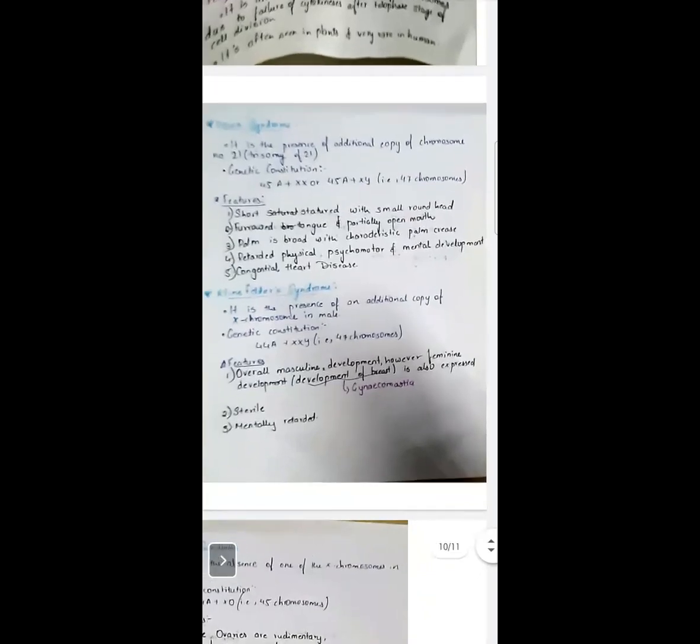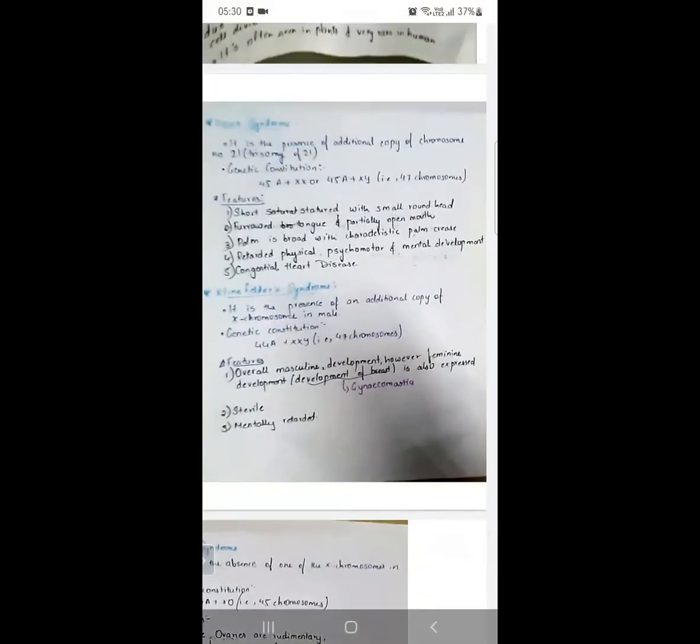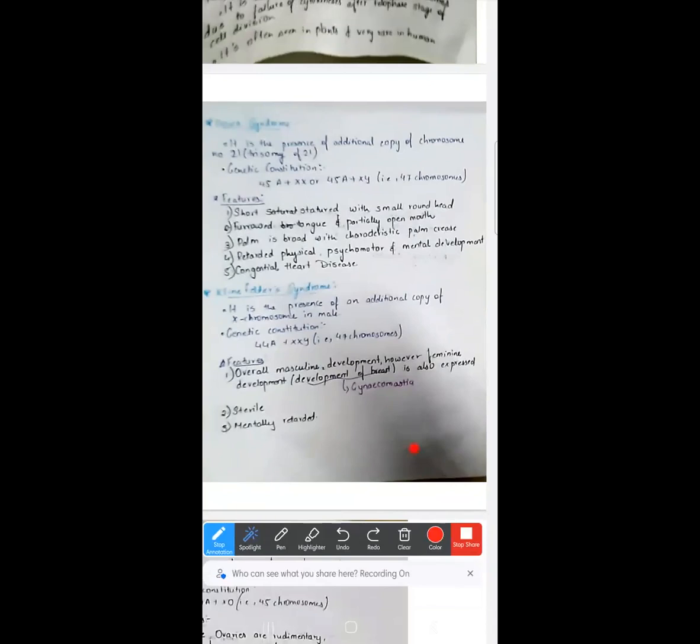Now we'll see chromosomal disorders. There are three chromosomal disorders we know: Down syndrome, Klinefelter syndrome, and Turner syndrome. We'll go through all three. First is Down syndrome. It is the presence of an additional copy of chromosome number 21, trisomy of 21.